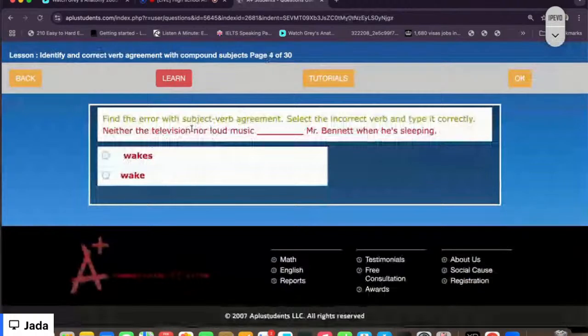Okay, neither the television nor loud music dash Mr. Burnett when he's sleeping. So what do you think is the right one here?